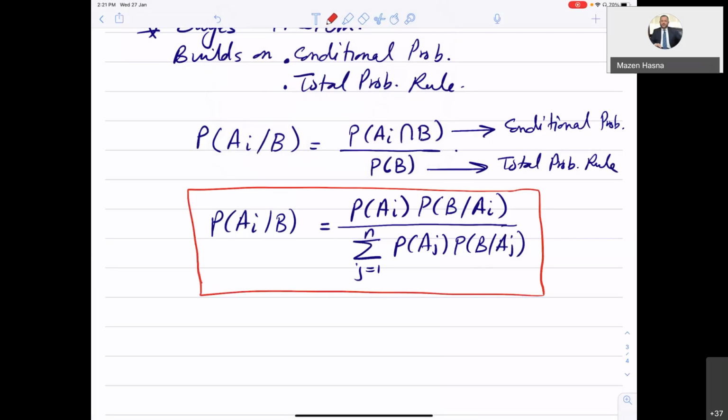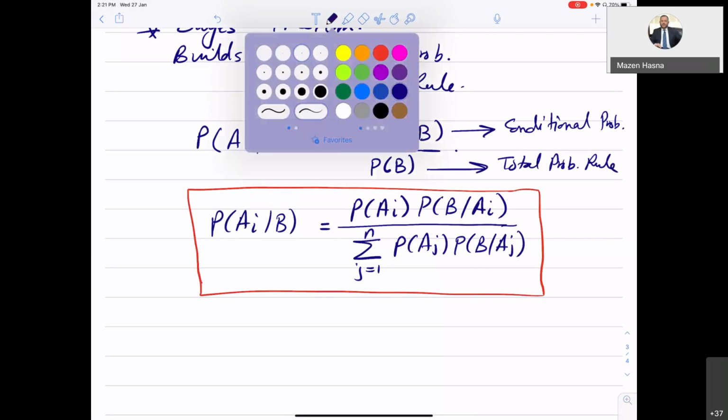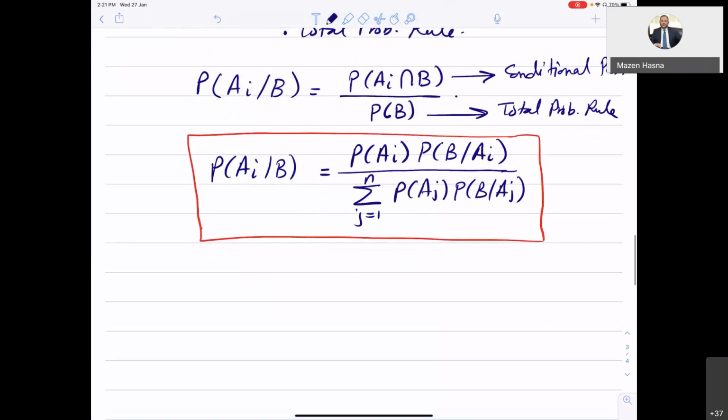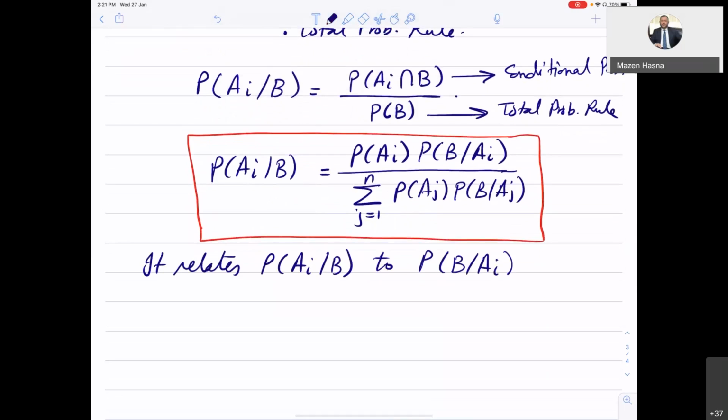As you can see, the first thing you should notice from Bayes' theorem is that it relates the probability of A_i given B to the probability of B given A_i, which is the opposite.